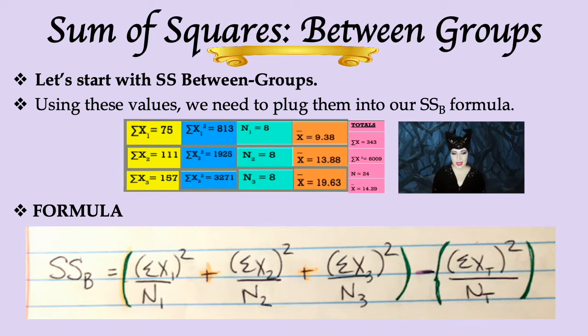So the sum of x of the first group, of the low hypnotic susceptibility group, is 75. And we divide that by the n of that group, which is 8. So we have 75 squared over 8. In the second position, we have the sum of x of the medium hypnotic susceptibility group, which is going to be 111.